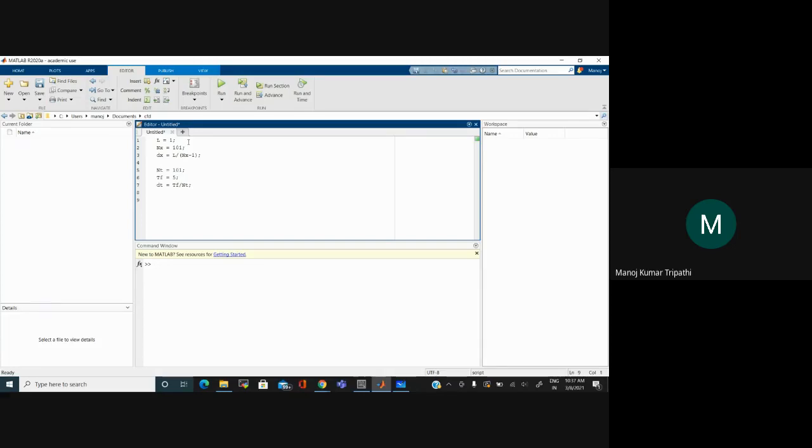Now what we did earlier was we had a while loop, or we can have a for loop if we know the exact number of time steps. We can say that while t is less than tf, it should run this while loop. And let's say t starts from 0.